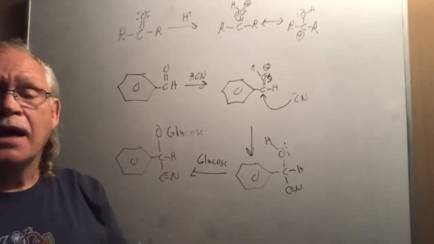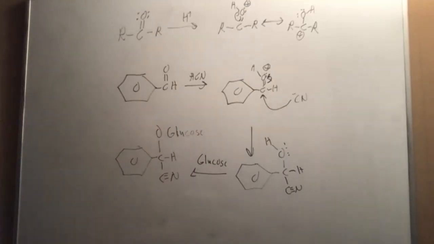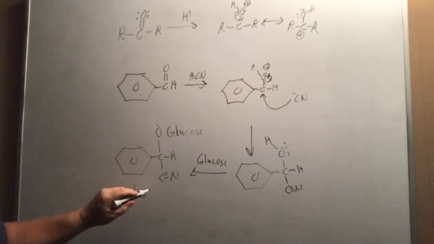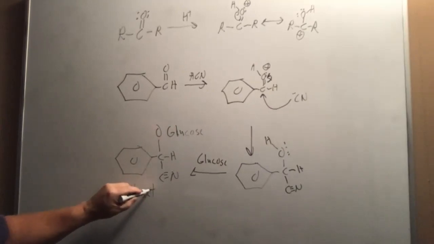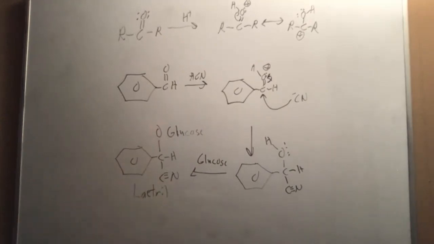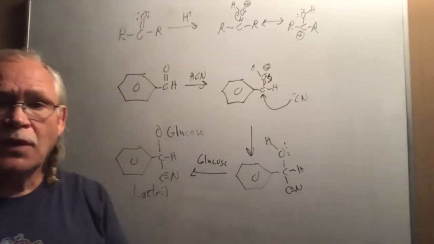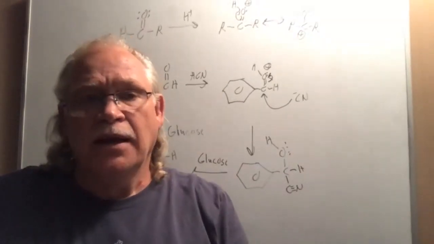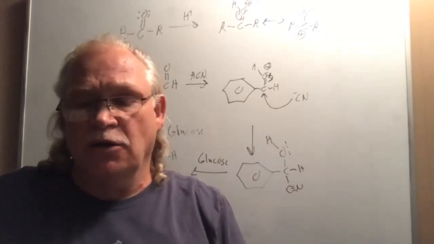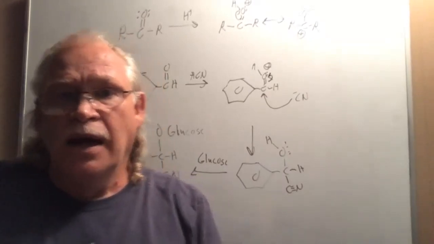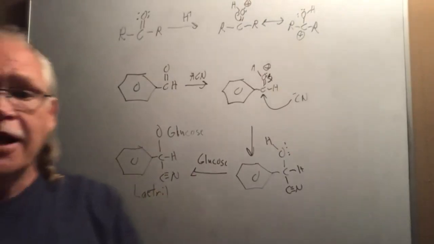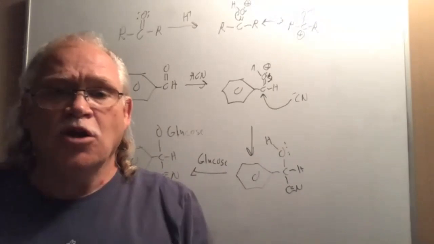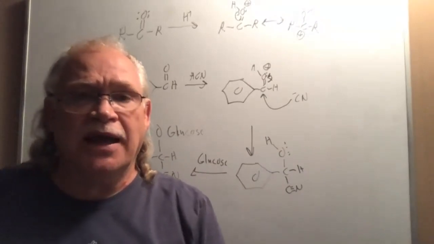Now, this compound has a name. It's called Laetril. If you have your phone with you, what I want you to do now is get on your search engine and type in Laetril, Chad Green, and you probably won't have to type in anything else.